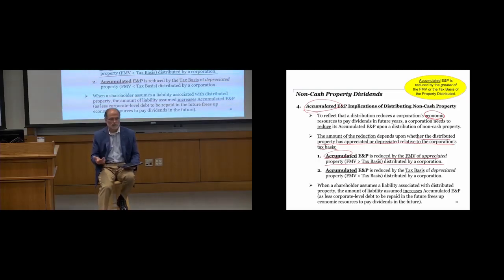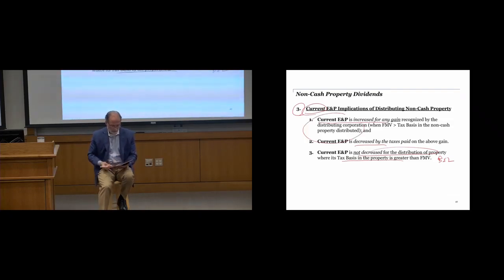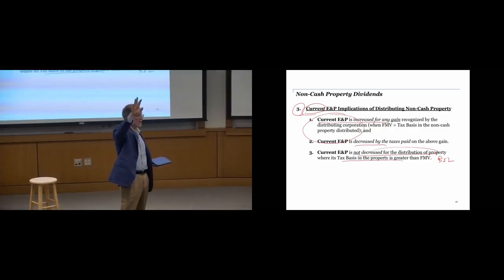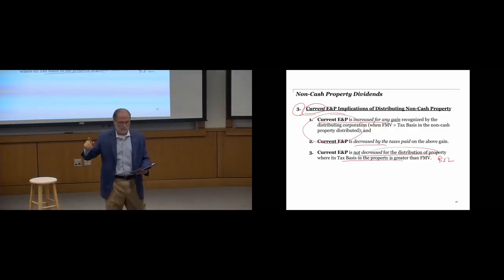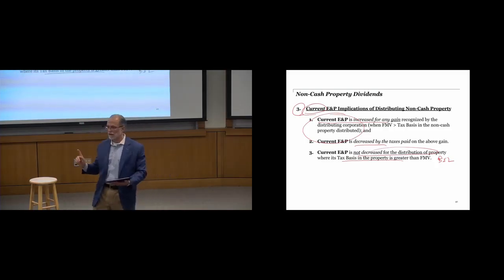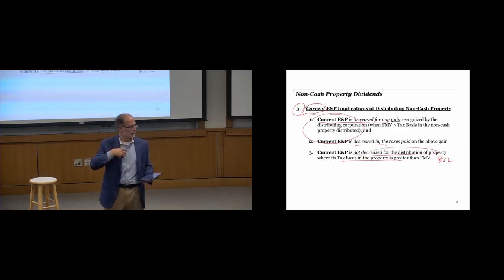So if I couple that, when I look at total E and P, these are the two things that increase E and P, right? So if I had appreciated property that was non-cash that I distributed out, my total E and P effect, and I think this logically makes sense, I increase it by the gain because I've recognized that appreciation.